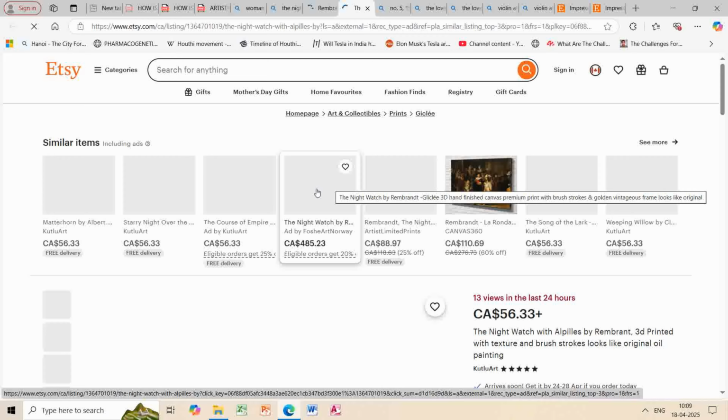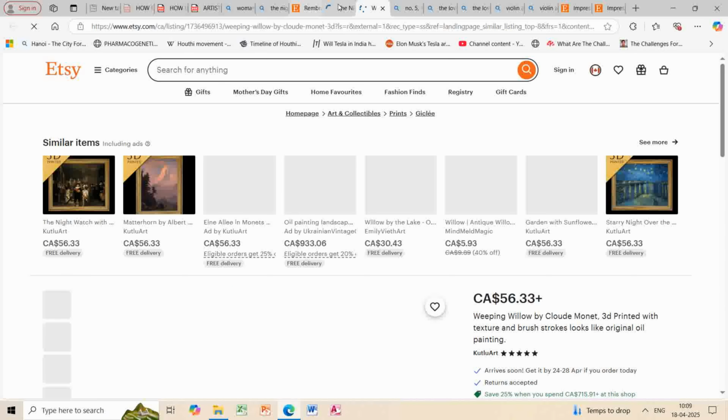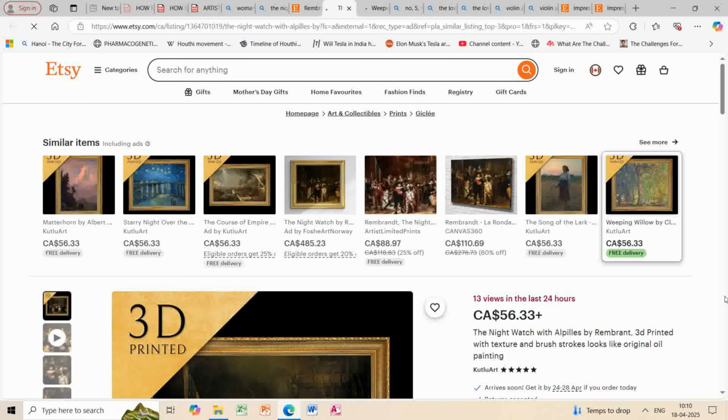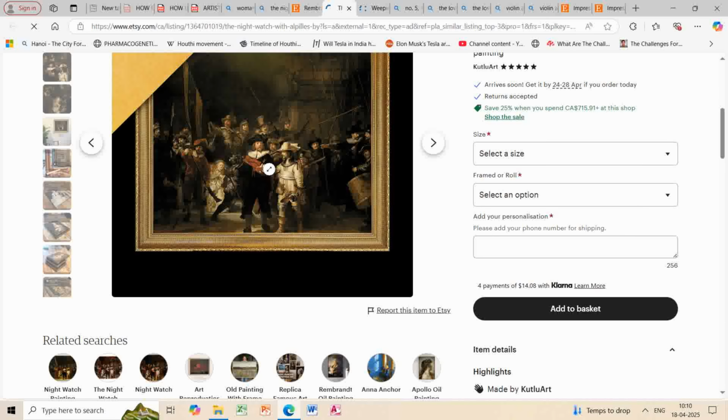Here you can see the 3D printed form of this image. This shows you grandeur. There is also some drama. People are talking to each other.